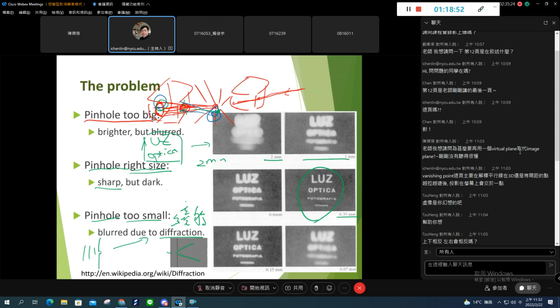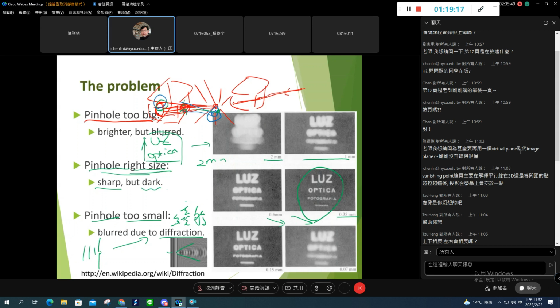So when you further shrink or reduce your pinhole area, you will see that the image becomes blurred again. So this is a problem for a pinhole. You have to carefully design your hole size, and you must have sufficient light.